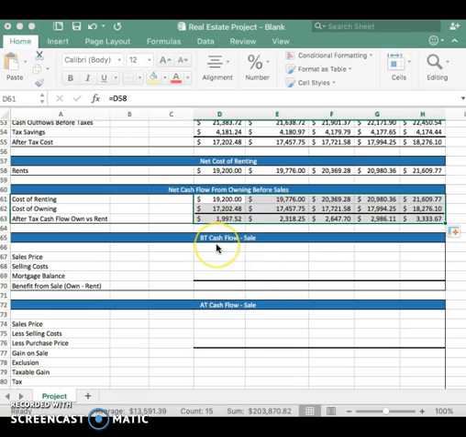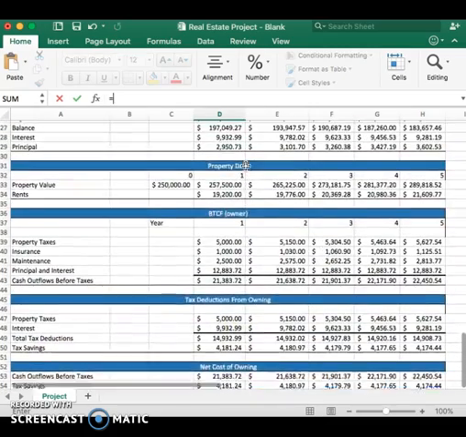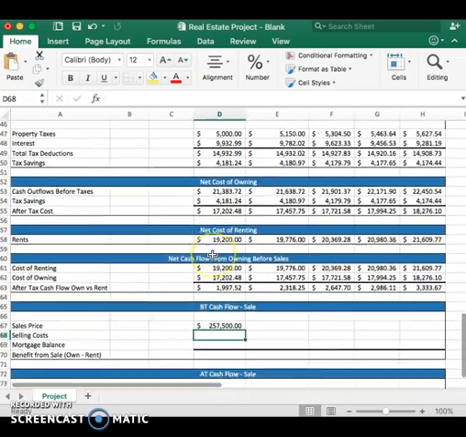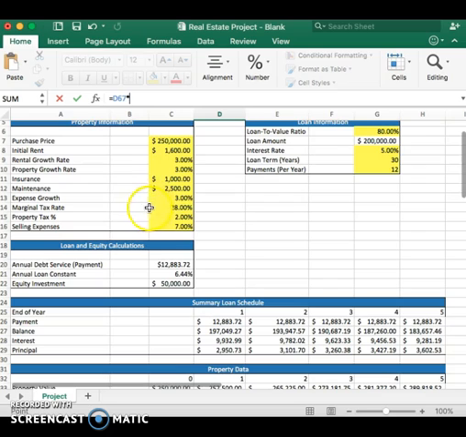Our next table will be the before tax cash flow for the sale, and we first get the sales price from above at D33, and then the selling costs can be found by taking this and then multiplying it by the selling expenses of 7%, and we have to lock that.